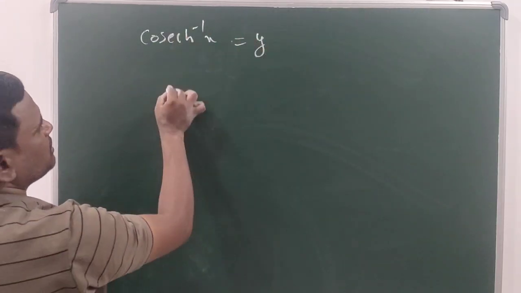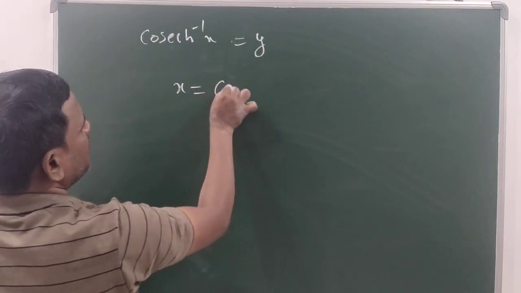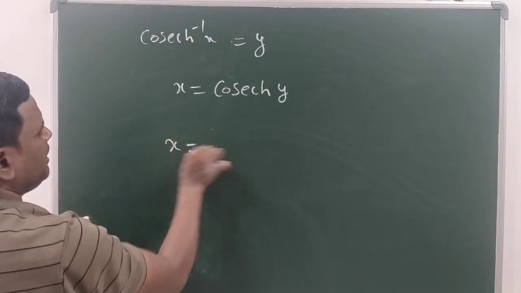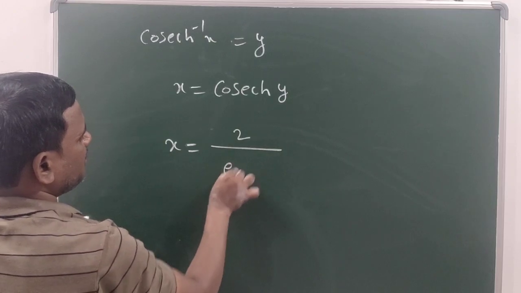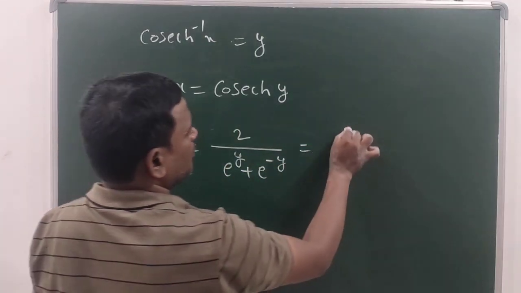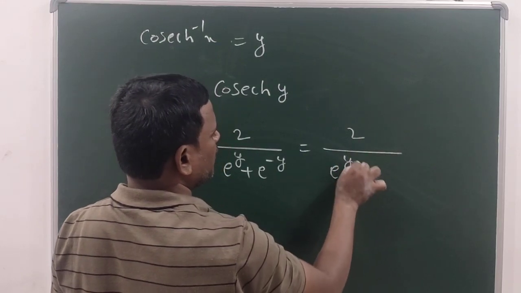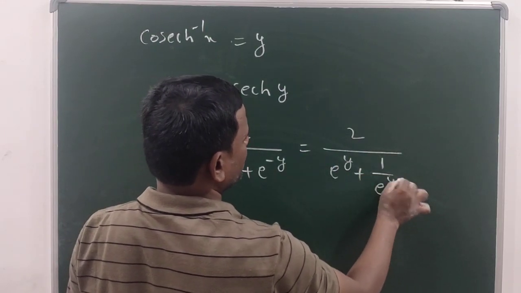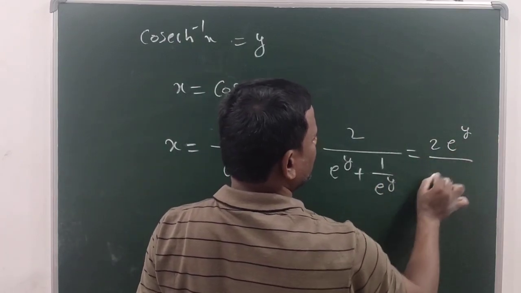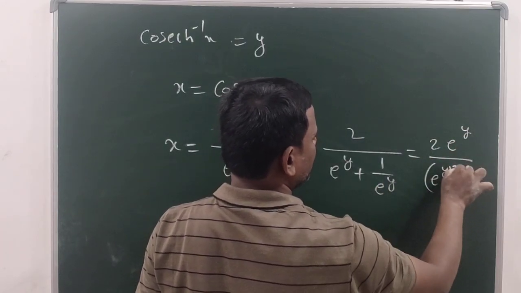When you transfer cosech inverse to the right side, it comes as x equals cosech y. Now define it: 2 by e power y plus e power minus y, that is 2 by e power y plus 1 by e power y. When you simplify this, 2 e power y by (e power y) whole square plus 1.